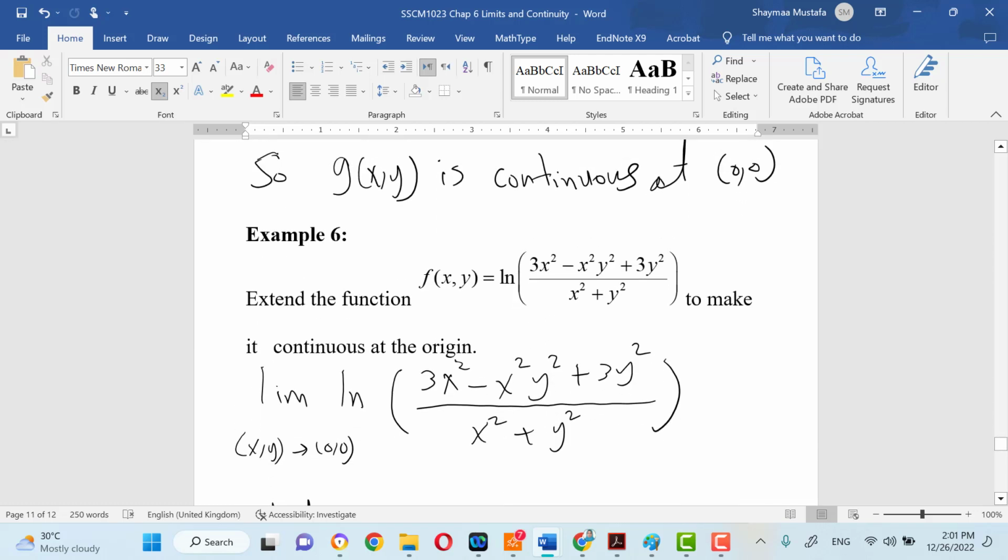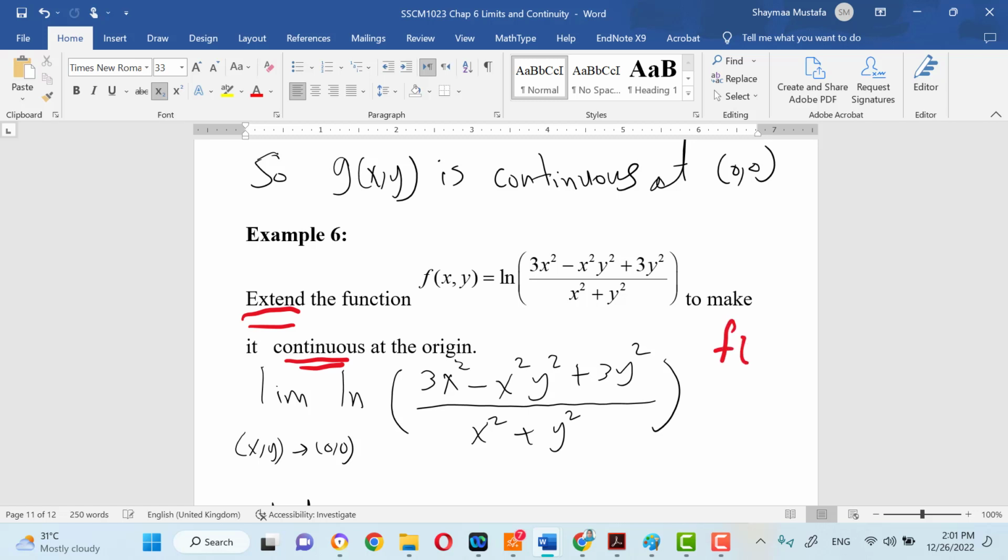Now here, this function is not continuous at the origin, but we need to extend the function to make it continuous. This means that the limit exists, but you need to define the function at the point.